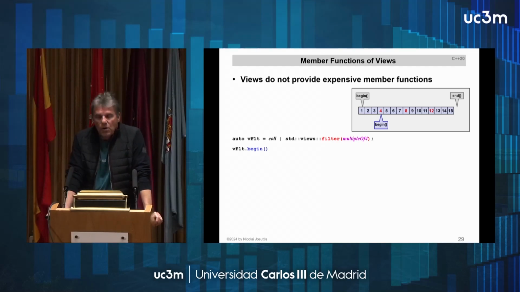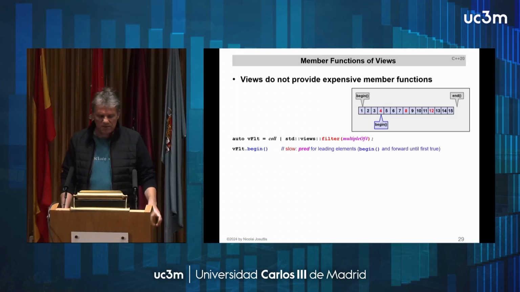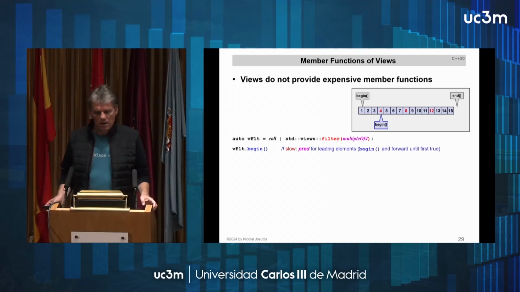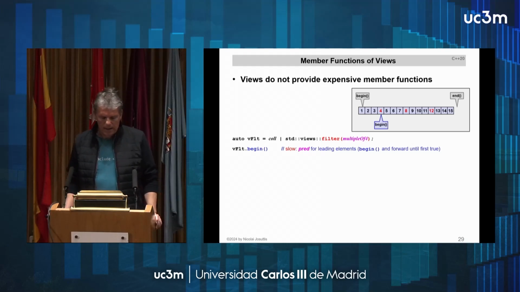Well, obviously, the fourth element is the first multiple of 4. So begin would have to find the 4. Is begin expensive or not? Well, I would say it's slow because it might depend on the size of the container, and it grows in the worst case linearly.